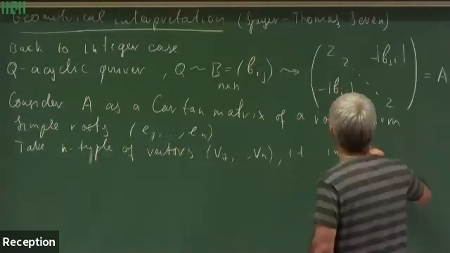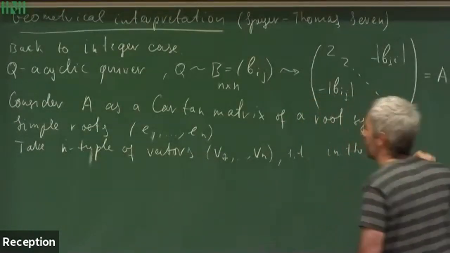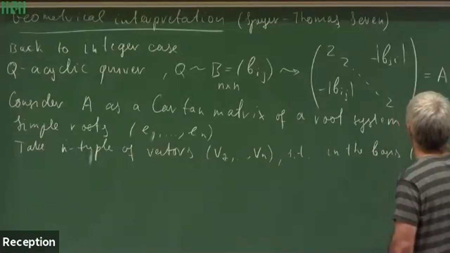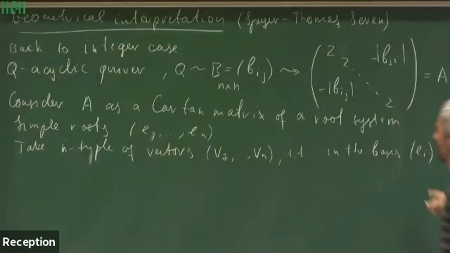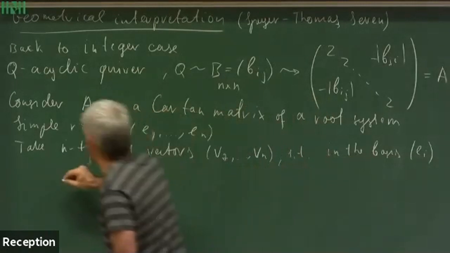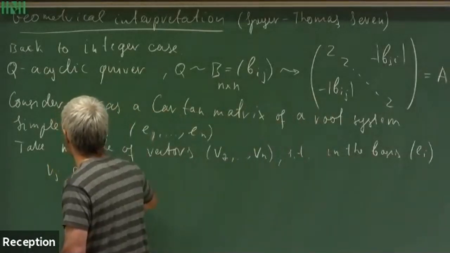In the basis E, the Vj's are sign coherent.